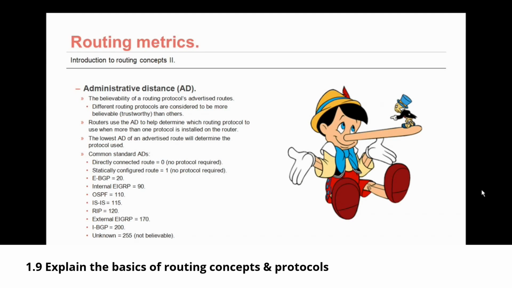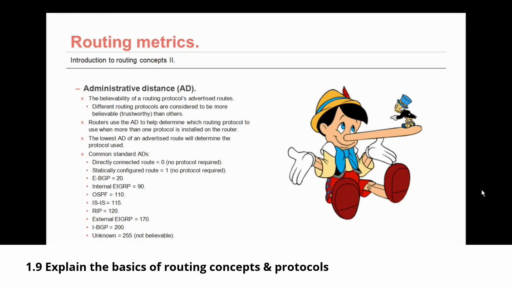It's not as trustworthy as BGP, but it is more trustworthy than OSPF, Open Shortest Path First, which has an AD of 110. ISIS has an AD of 115, so not quite as believable as OSPF, but more believable than RIP, which has an AD of 120. External EIGRP has an AD of 170, and internal BGP, and I've never seen internal BGP used, has an AD of 200.